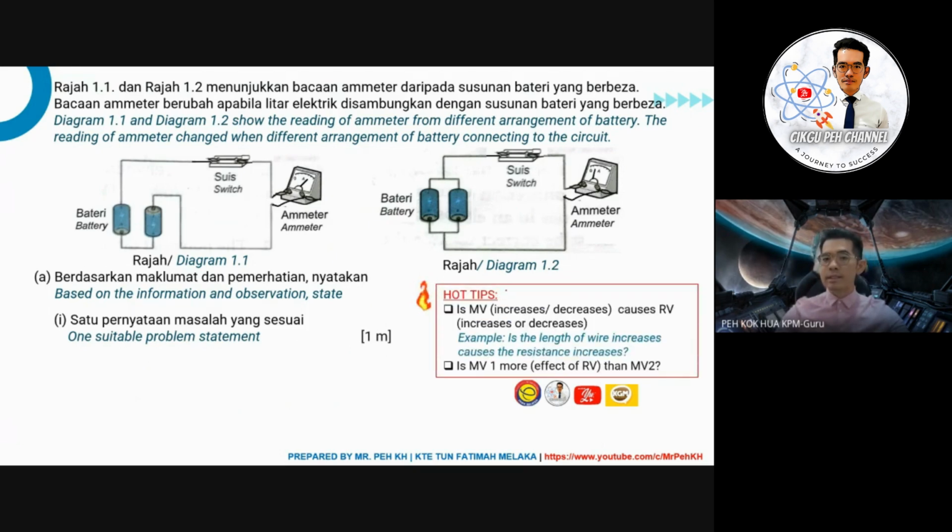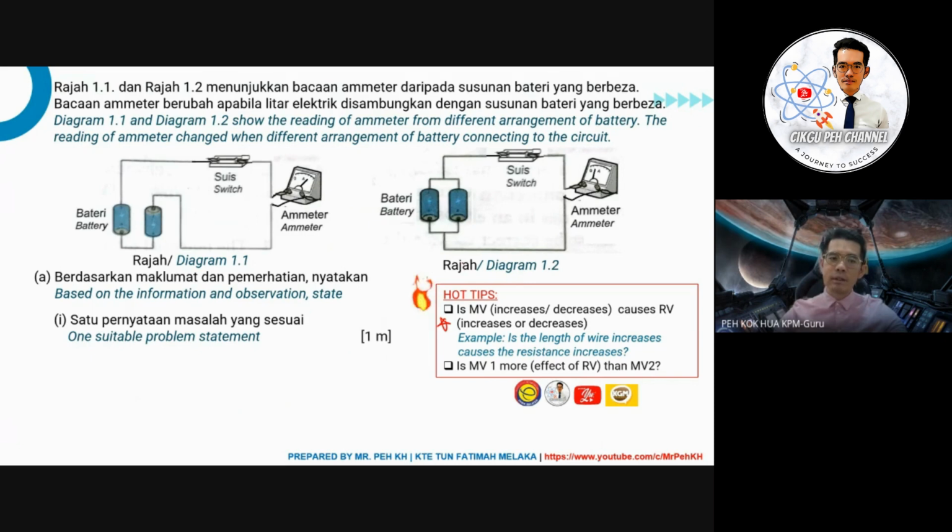In different types of experiments, we need to give different answers for the problem statement. Normally there will be 2 situations. The first is the normal hypothesis experiment, where you have a manipulated variable and a responding variable.